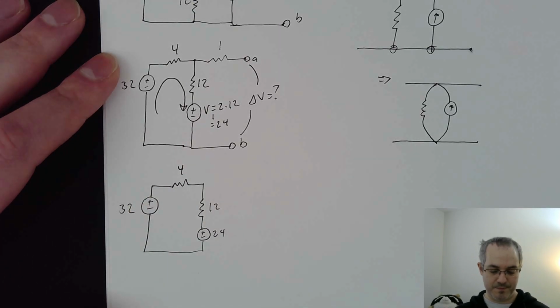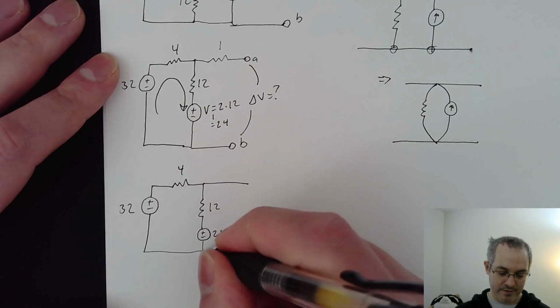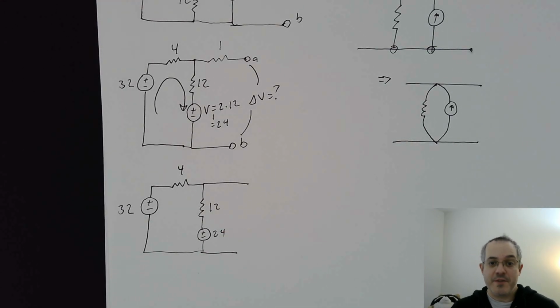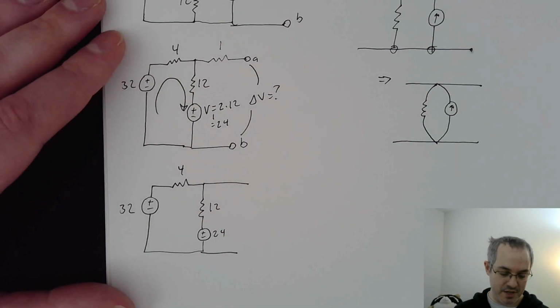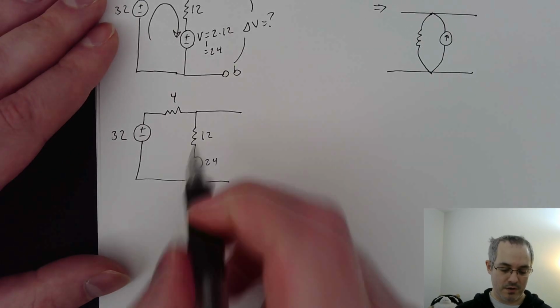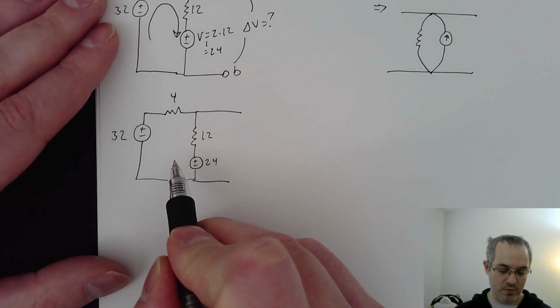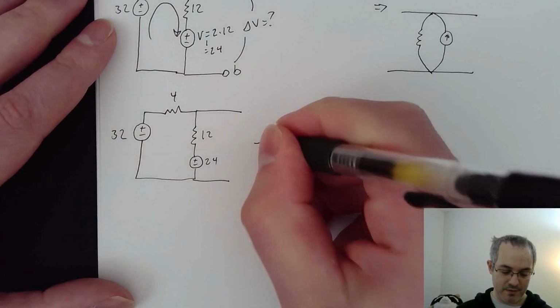It's the same as this, right? If this is just a wire coming off of that, it does nothing, right? It does absolutely nothing. So then we can just combine these together.